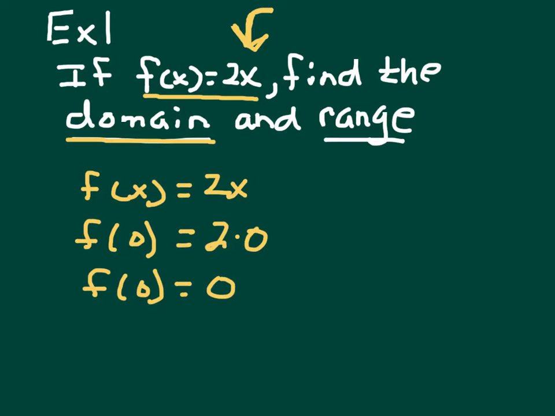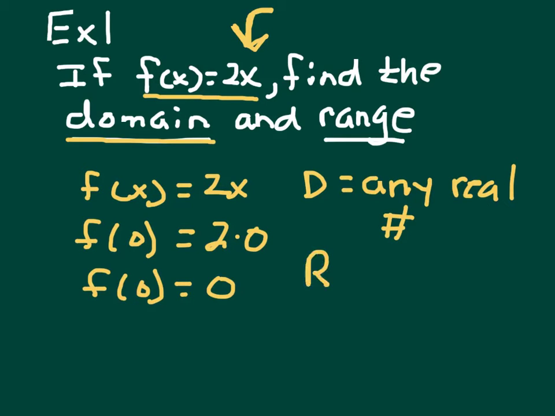So for the domain of this function, I can use any number. So I'm going to say that the domain is equal to any real number. Real meaning I can use decimals, fractions, negatives, anything. So any real number I can put in.